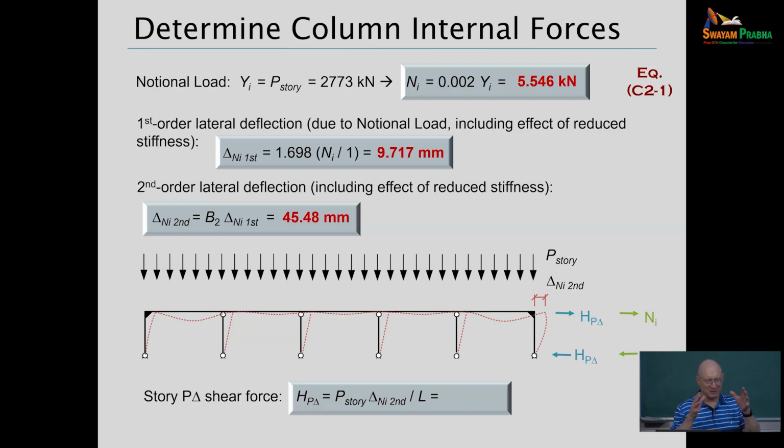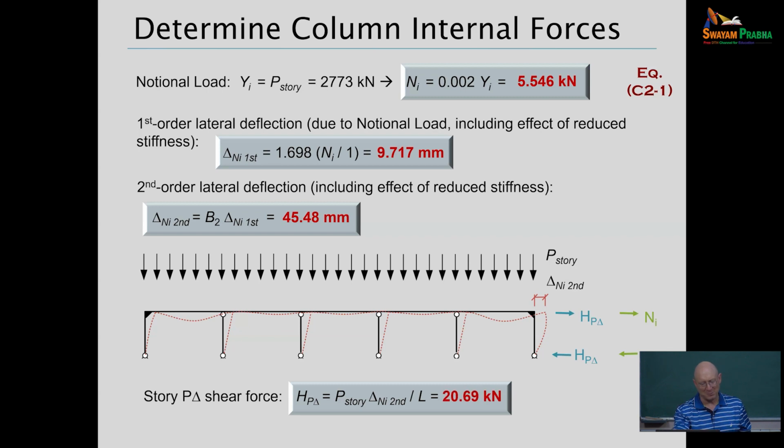Again, this is actually a symmetrical frame, symmetrically loaded, so without any initial out of plumbness, there's no movement. But the notional load gives us the first order effect of that out of plumbness. Then we consider the additional second order effect. How much more does it move once we put the load on there? And that's what the HP delta is working on here.